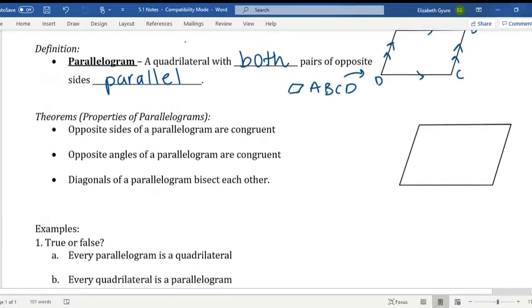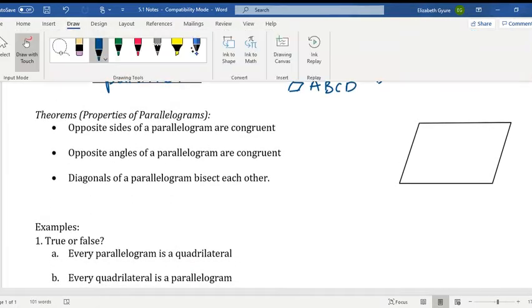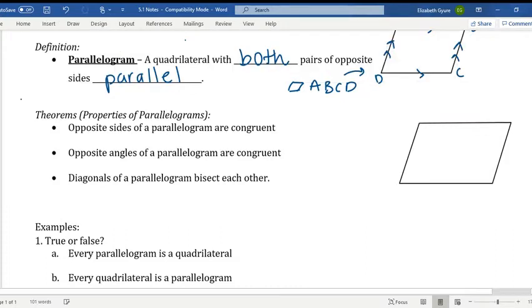So, we have another parallelogram drawn here. We'll just go with ABCD again. According to this property, opposite sides are congruent.